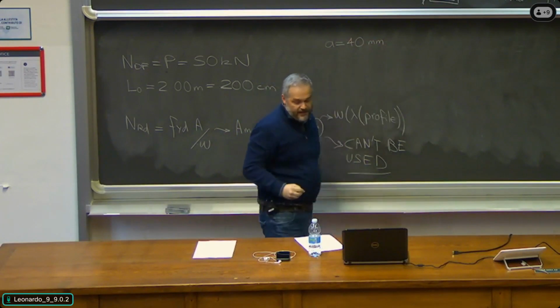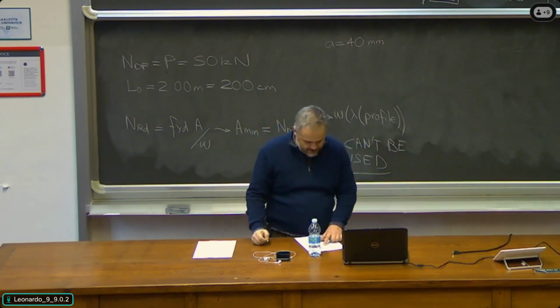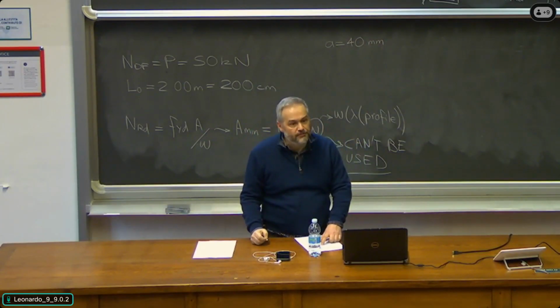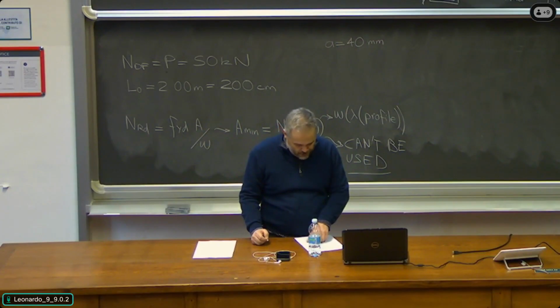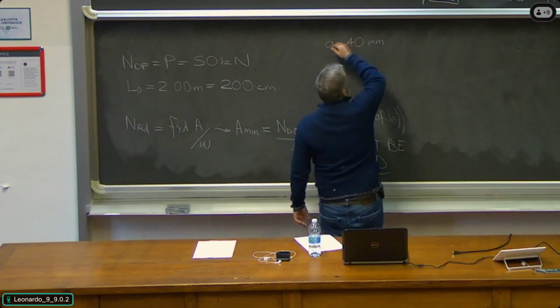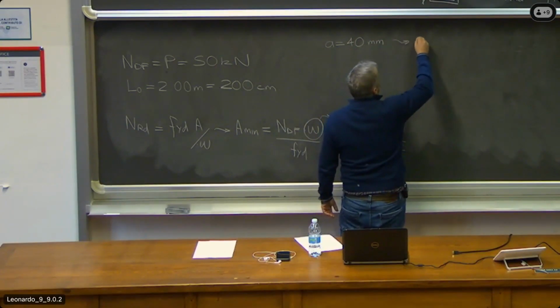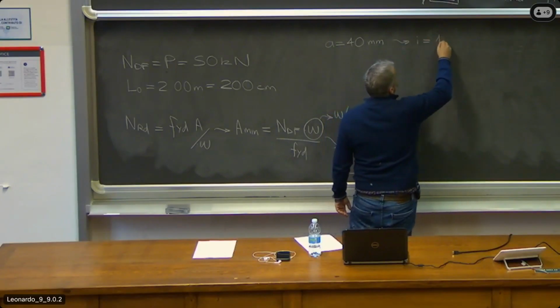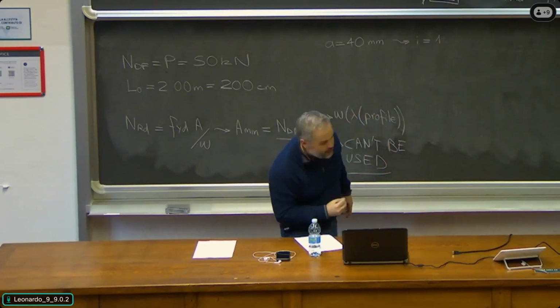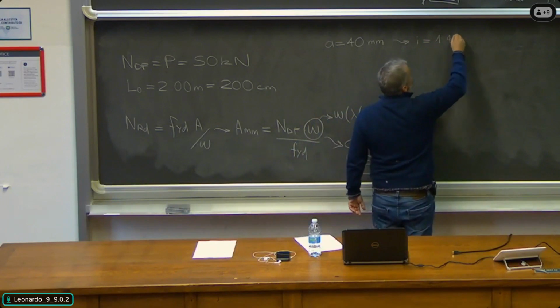How many do we have there? We have 3 of them, thickness 2, 3, and 4. Among this group, what is the minimum radius of gyration? The first one is 1.55, 1.52, 1.48. So let's think about this group of profiles as all having i equal to 1.48 centimeters.